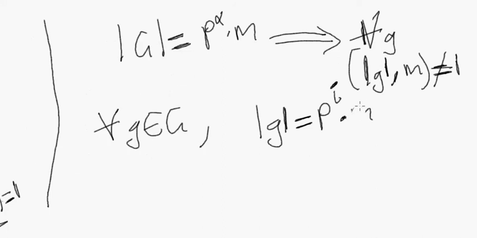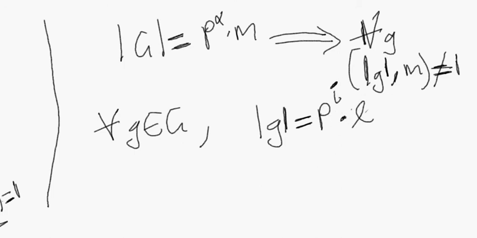So some l, and the idea here is, once again, as we're saying before, look, if all elements have something in common with m, then if we take the order of g, some of its factors are divisors of m. So let's call the factors of the order of g that divide m, l, and then maybe we'll have the prime p raised to some power.